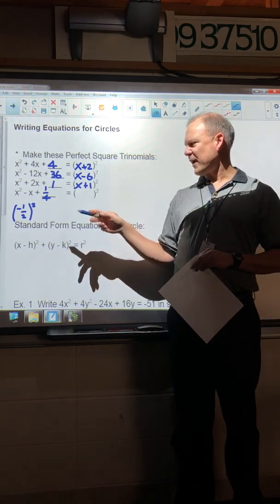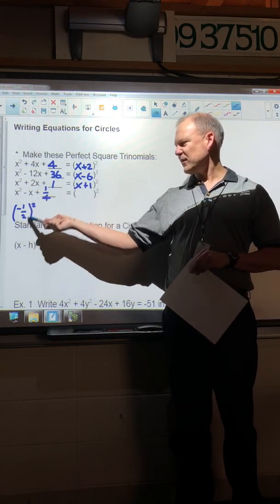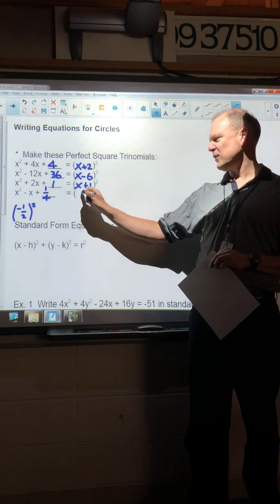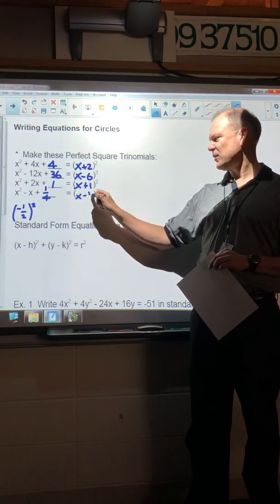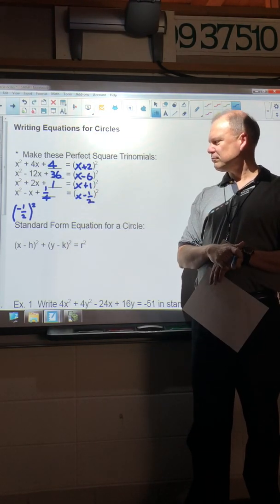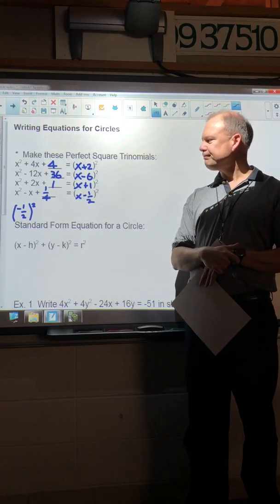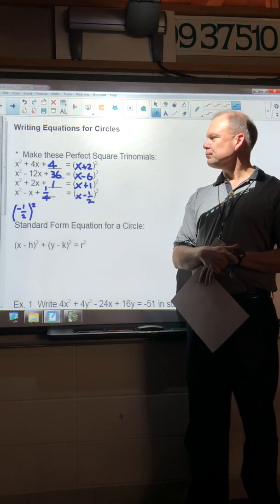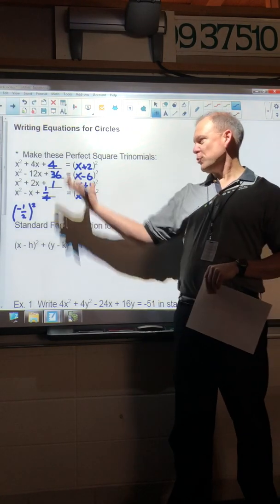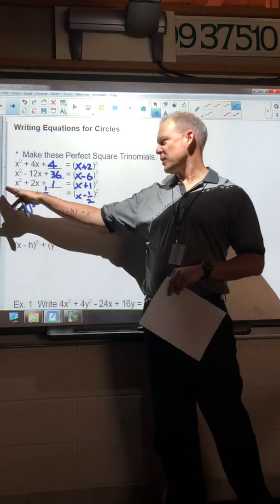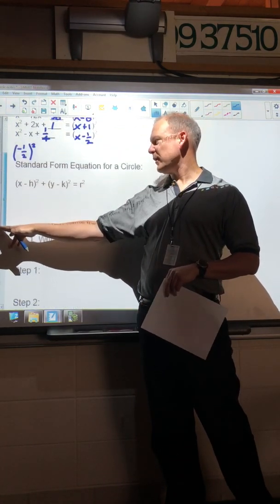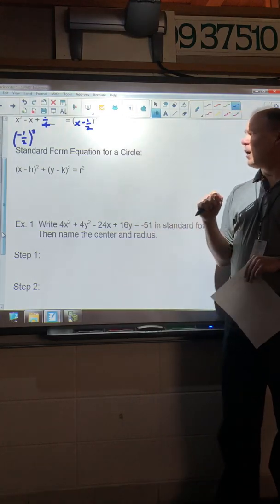And then when we factor that, that's half of b, so that's negative 1/2. So this would factor into (x - 1/2) squared. Okay, so we'll be doing this a lot when we talk about circles and everything else.